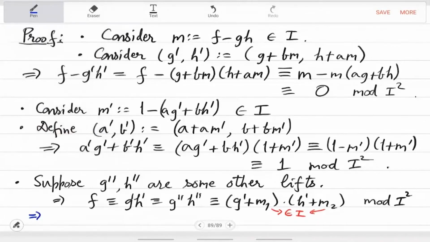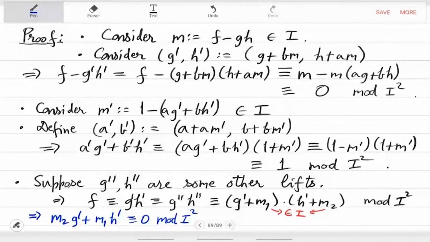So that congruence is m2 g prime plus m1 h prime is 0 mod I square. Because m1 m2 is 0 mod I square and g prime h prime has been cancelled. So you actually get a relationship between m1 and m2. These m1, m2 given to you by somebody else are actually related this way.